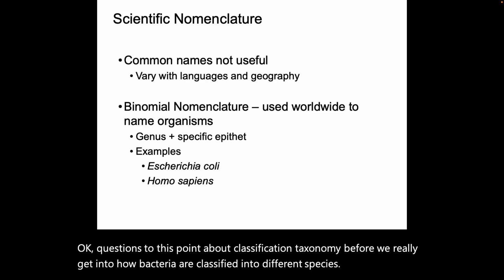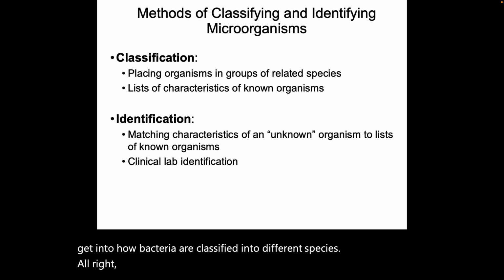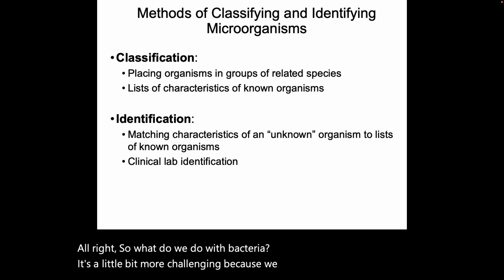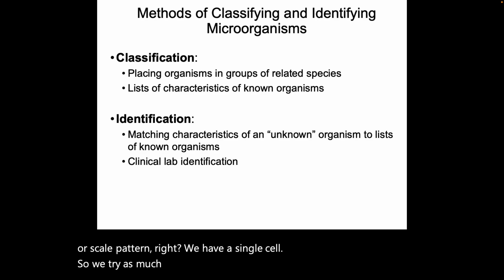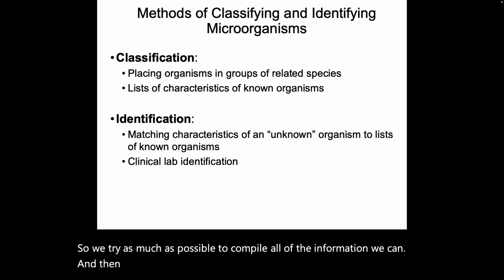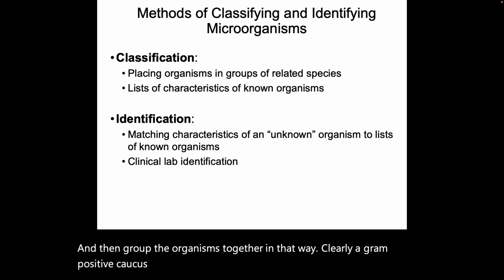Okay. All right, so what do we do with bacteria? Well, it's a little bit more challenging because we can't just look at wing length or scale pattern, right? We have a single cell. So we try as much as possible to compile all of the information we can and then group the organisms together in that way. Clearly, a gram-positive coccus and a gram-negative rod are not close relatives.